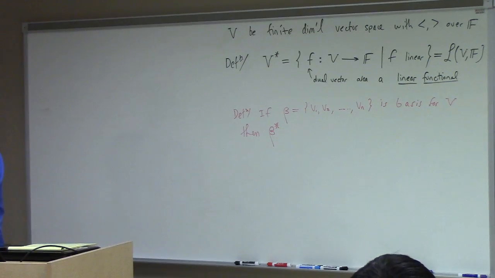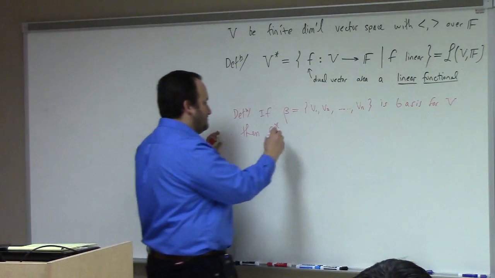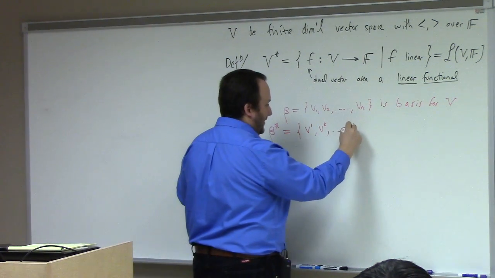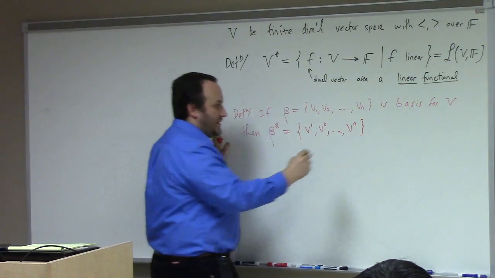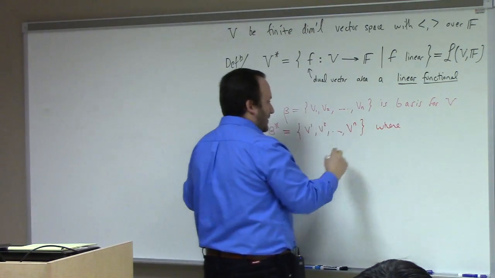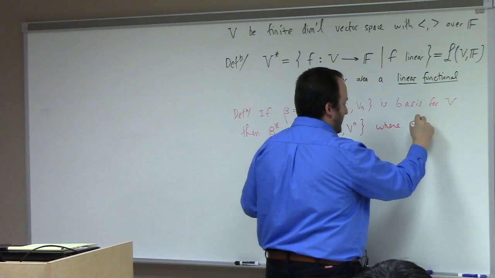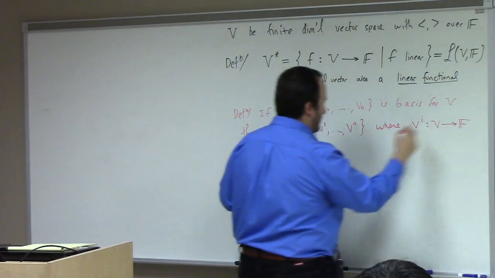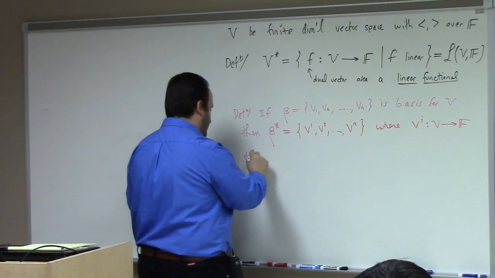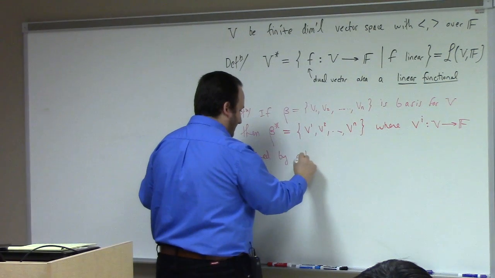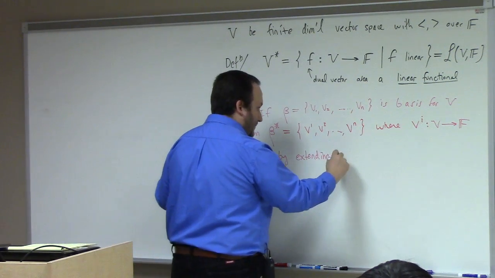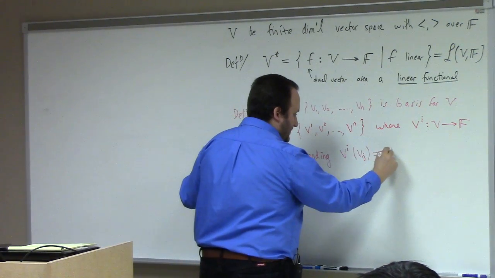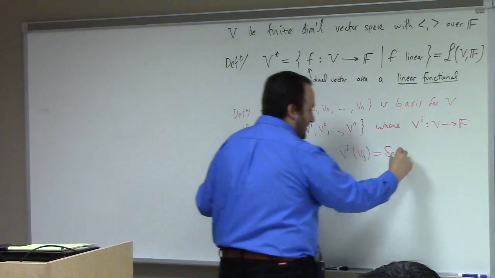What this thing has in it is {v^1, v^2, ..., v^n}, which is the typical notation, where the v^i are linear transformations from V to the field defined by v^i(vj) = the Kronecker delta δij, extended linearly.